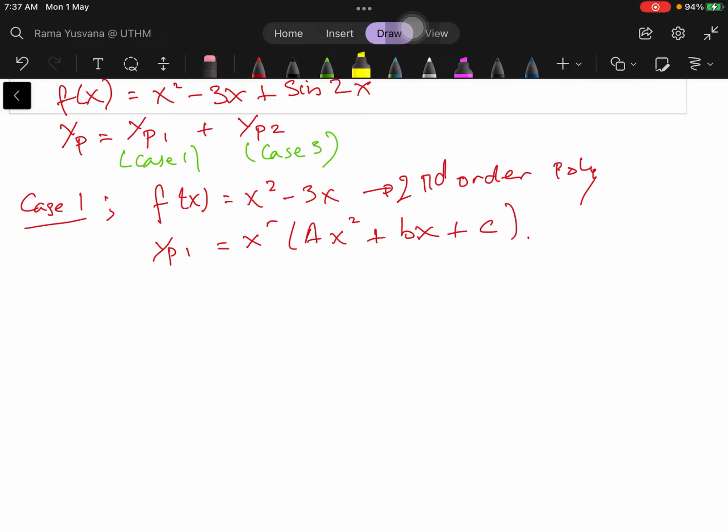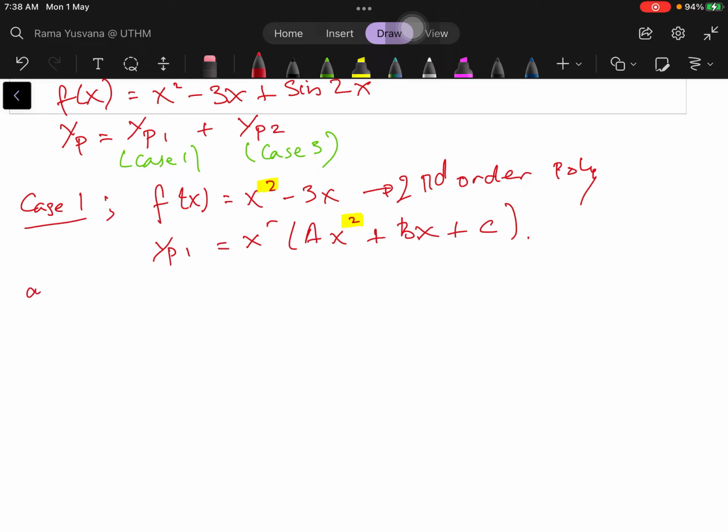I just highlight here that because our polynomial function is second order, the expected solution must also be second order to start with. Then our job is simply to find the values of a, b and c.